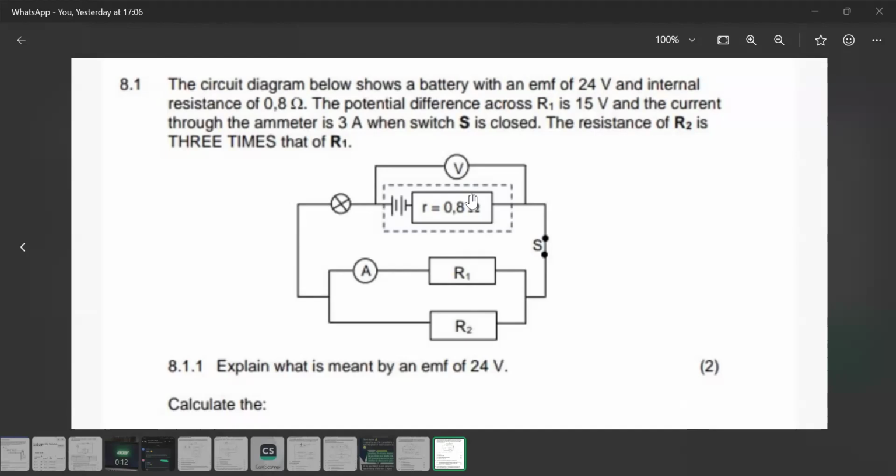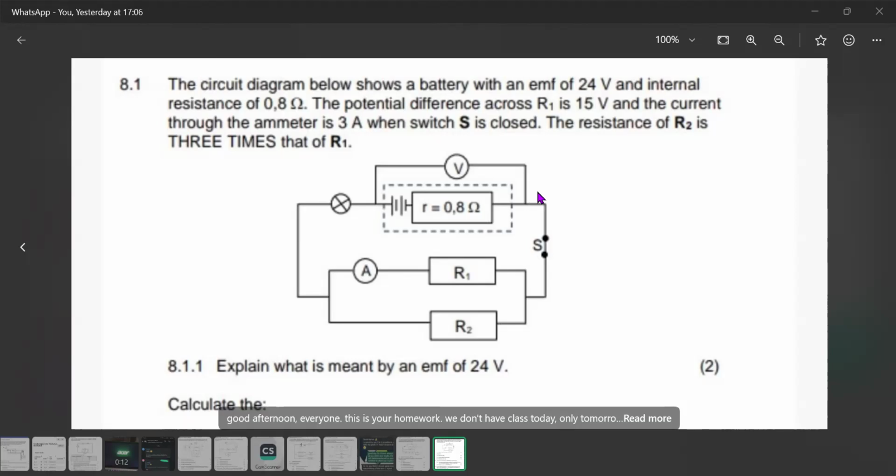So this means the battery supplies 24 joules of energy to each 1 coulomb of charge that passes through it. So that is the meaning of an EMF of 24 volts.